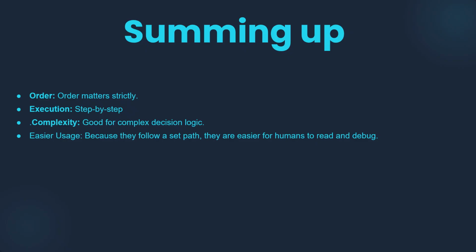It is good for complex decision logic, where you have to involve a lot of decisions or complicated decisions. It's very easy to break them down into simpler sequential programs, so that they become readable and simple to understand. It's easier to use because they follow a set path and are easier for humans to read and debug. I hope my students you understood this topic well.